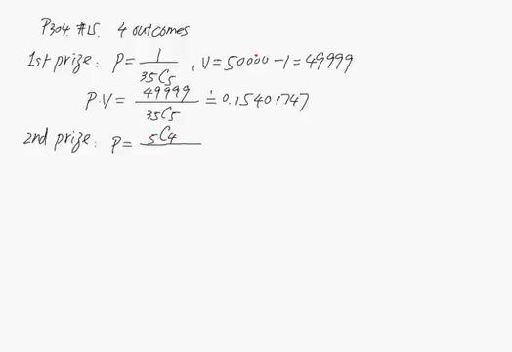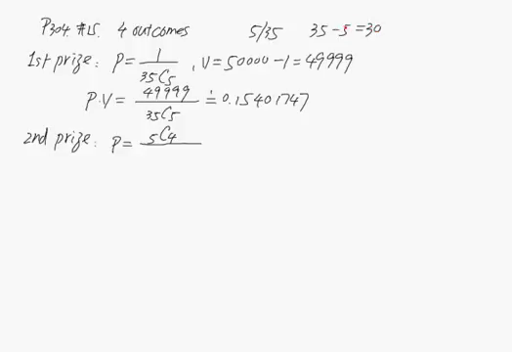And totally, how many non-winning numbers available? It's the 5 out of the 35 lottery, right? Then how many non-winning numbers available? 30, right? 35 minus the 5 is equal to 30.